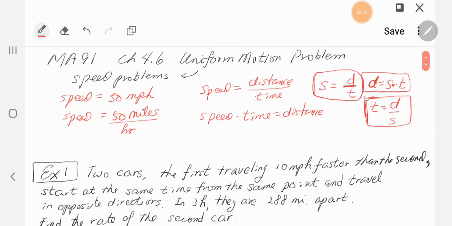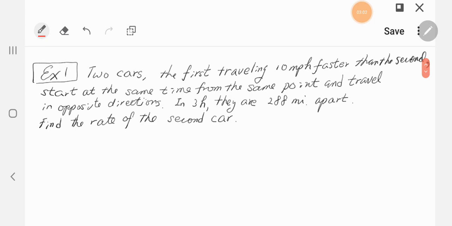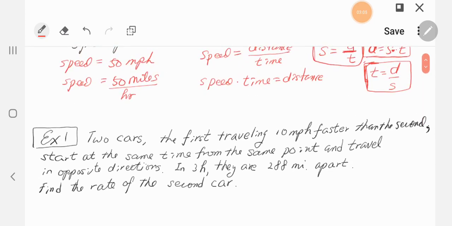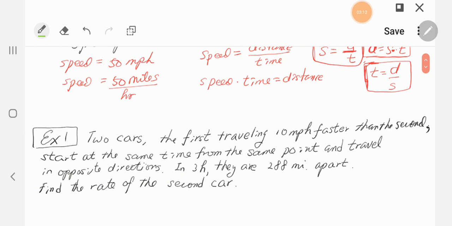In this case, we will use DST. Distance is speed times time. Before I do the example, let me explain one more time. Why don't we write down the DST in a triangle? DST like this, and then draw a fraction bar like that. This one shows that if you want to find distance, just multiply S and T, the denominators.